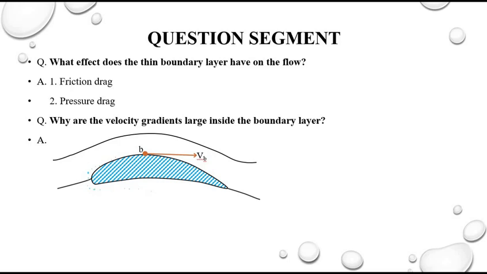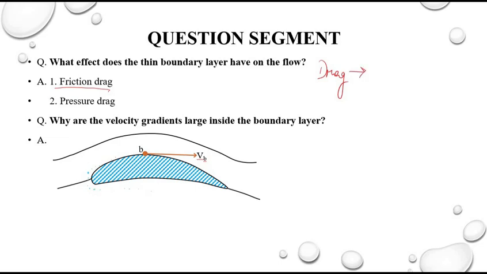Let us see. The first thing is that it is a source of friction drag. Because of the viscous flow in the boundary layer, there is friction drag over the aerodynamic body. What is the term drag? Some people might know it and some might not be aware of it.